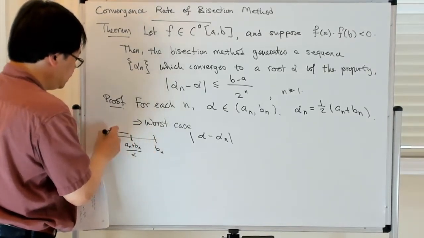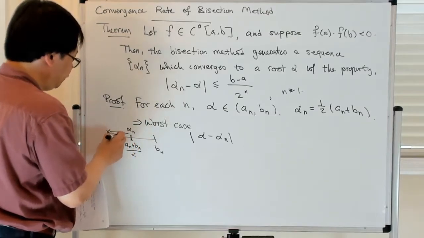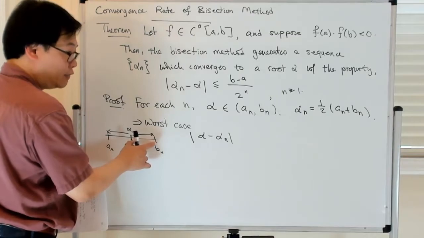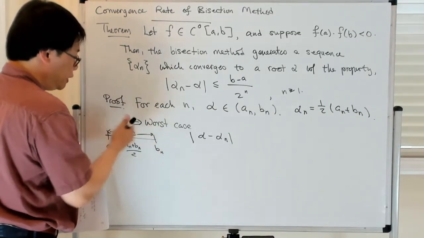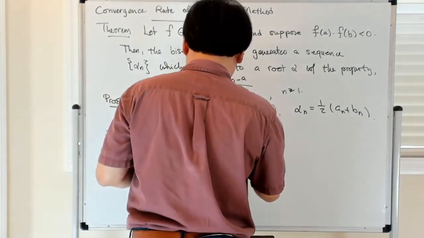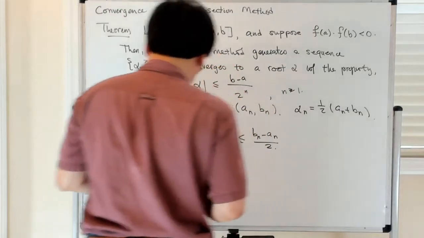So the maximum distance alpha n can be from alpha, which is anywhere in this interval, is half the length of the interval, just by observation. So this is less than or equal to bn minus an over 2.